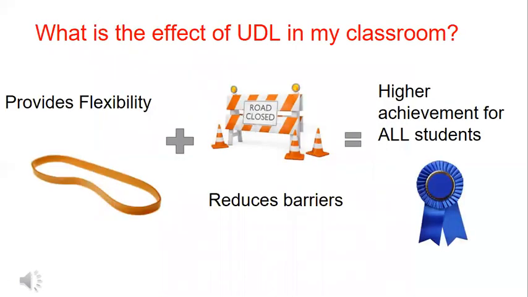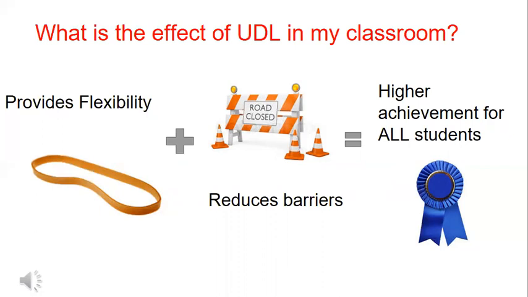At this point in the presentation, you may be asking yourself, what is the effect of Universal Design for Learning in my classroom? And I think that's a great question. So Universal Design for Learning provides flexibility. It's flexible for the teacher, the staff, and the students. It also reduces barriers.